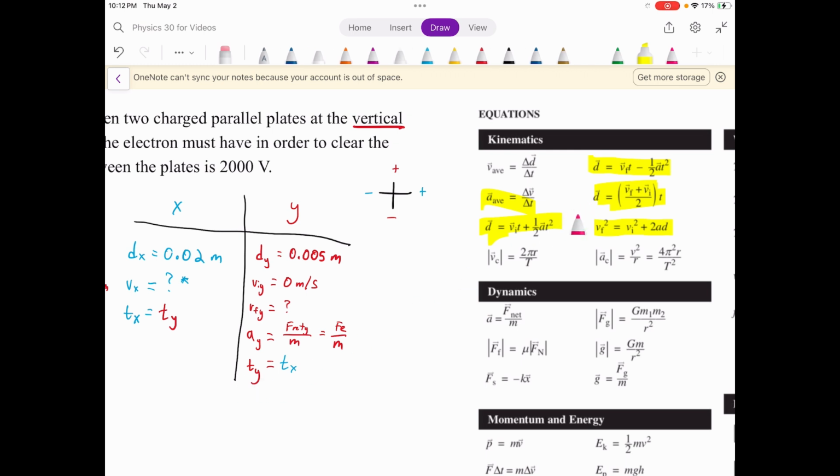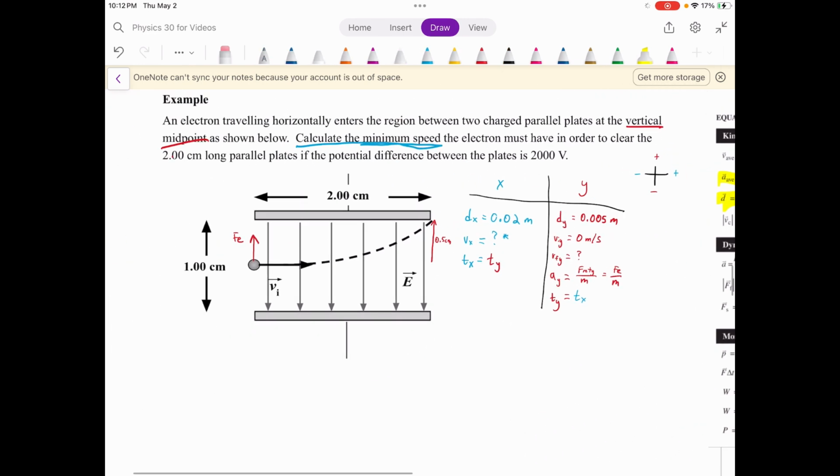We'd be able to use this equation because we'd know the displacement vertically, the initial vertical velocity, and we would know the acceleration vertically if we could find it with this idea here. That would let us find the time, bring it over to the x-axis, and then just use good old v equals d over t to find how fast we'd have to be moving. So let's think about that a bit more.